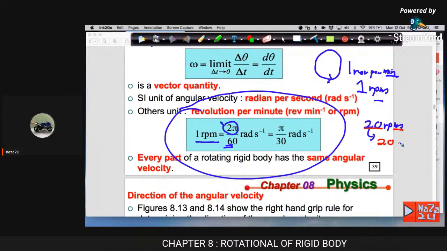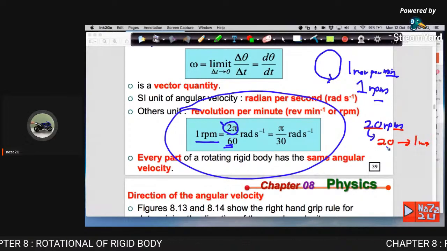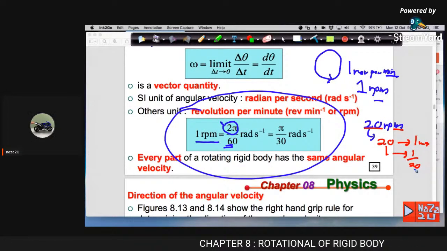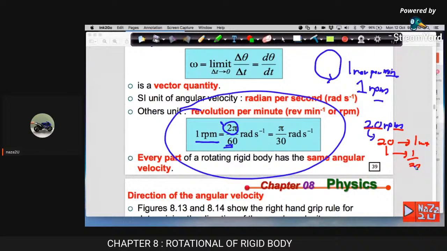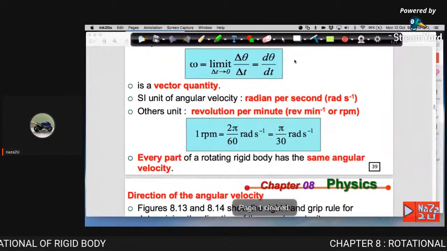Right? So kalau satu putaran, macam mana? 1 over 20 lah. Right?